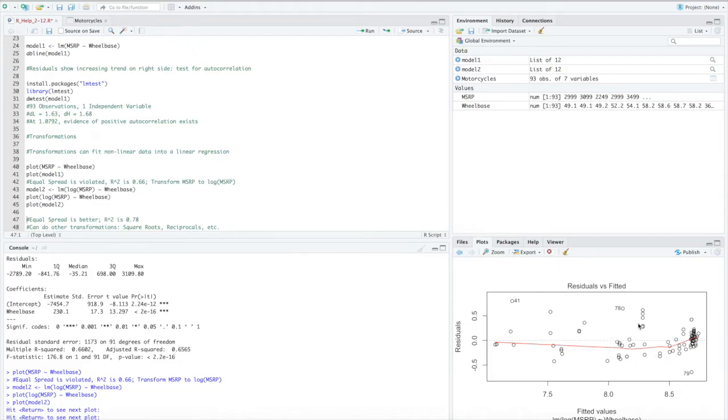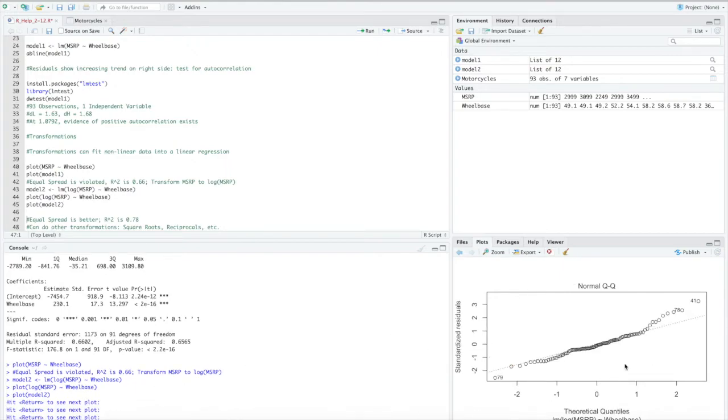In this case, the equal variance assumption is still a little bit violated because while it's better than the first model, we still see a relatively large aggregation of residuals towards the end of the plot. That's typically not good because we're looking for a random distribution of the residuals across this plot. When we look at a QQ plot, the normality is a little better.